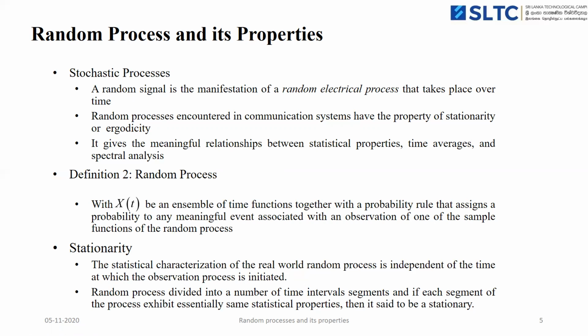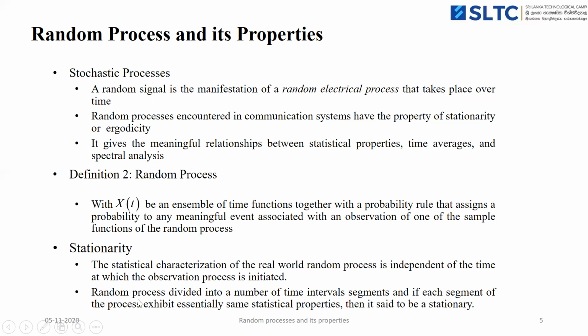Now coming to stationarity, we can say the random process is stationary when the statistical characterization of a real-world random process is independent of the time at which the observation process is initiated.